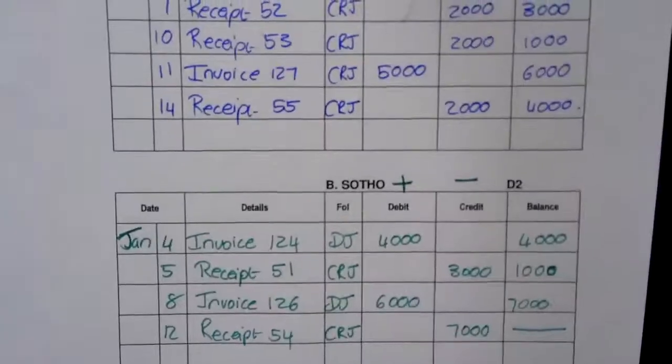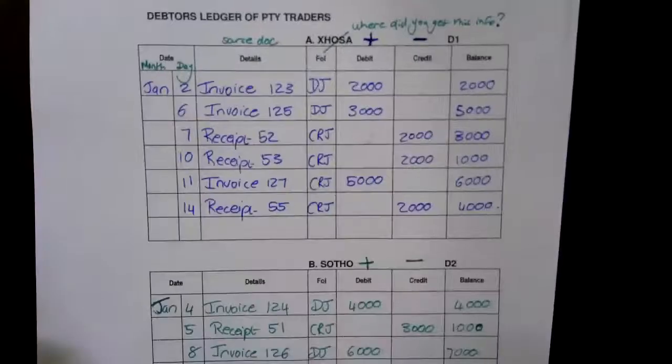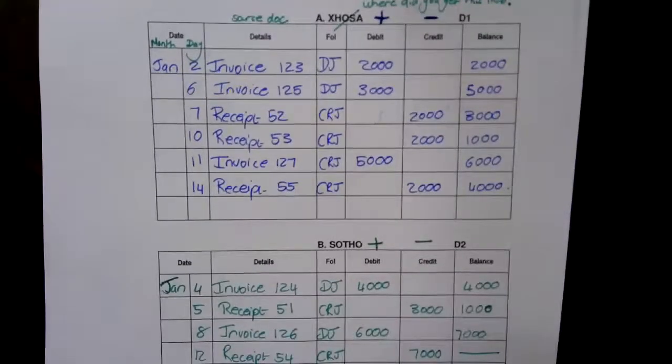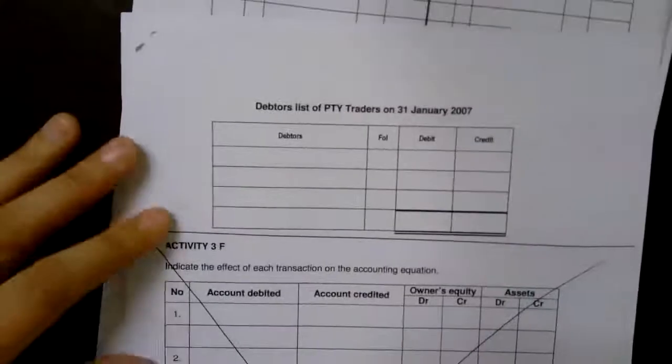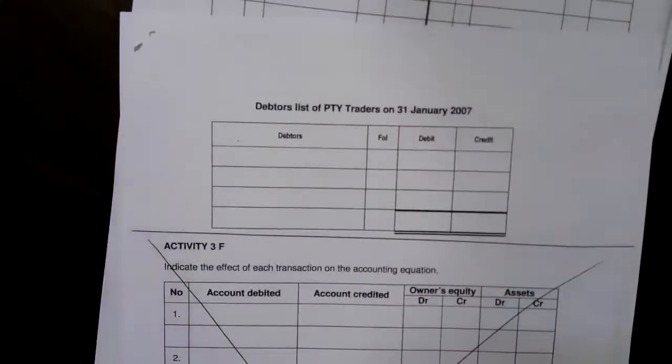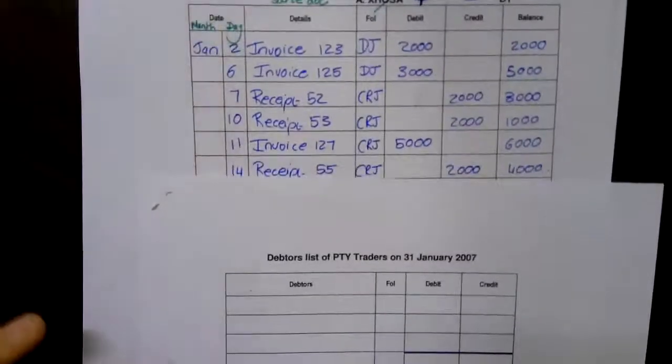Once you have completed the ledger, you have to set up your debtors list. Let's get it quickly. Now, this is what your debtors list looks like. It's actually very, very easy. The only thing you're going to do is write the names of your debtors in your debtors list. What is the purpose of a debtors list?